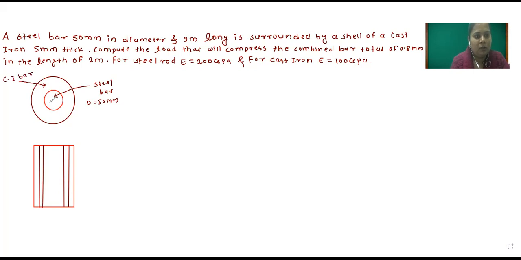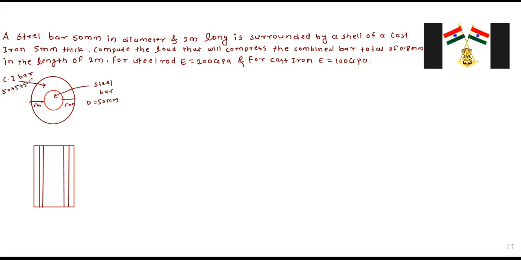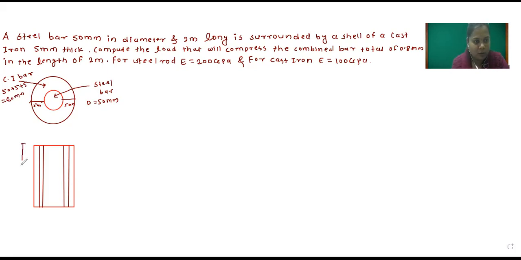Here 5 mm thickness and here 5 mm thickness. So the diameter of this cast iron bar is 50 plus 5 plus 5, which is equal to 60 mm. And the length of both rods is 2 meter.